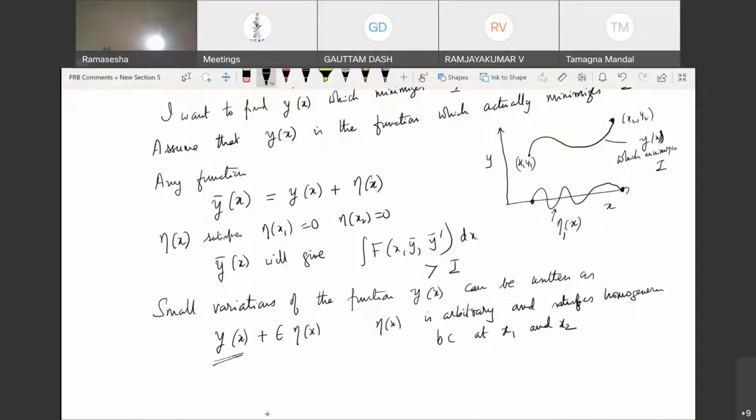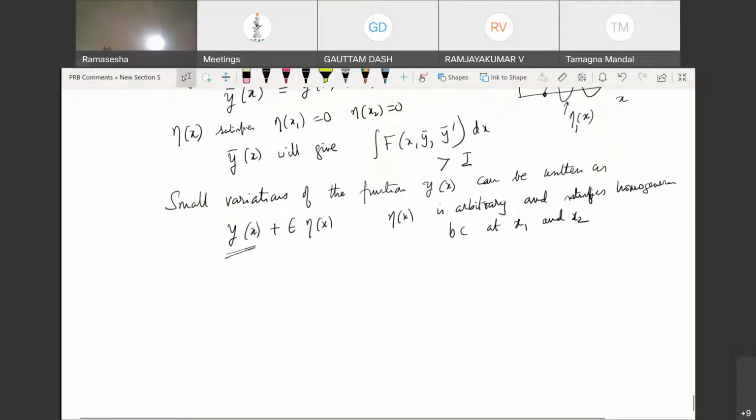It is giving you a different function. So what this means is that now I can think of the integral as the following. The integral of f of x comma y plus epsilon eta comma y prime plus epsilon eta prime.